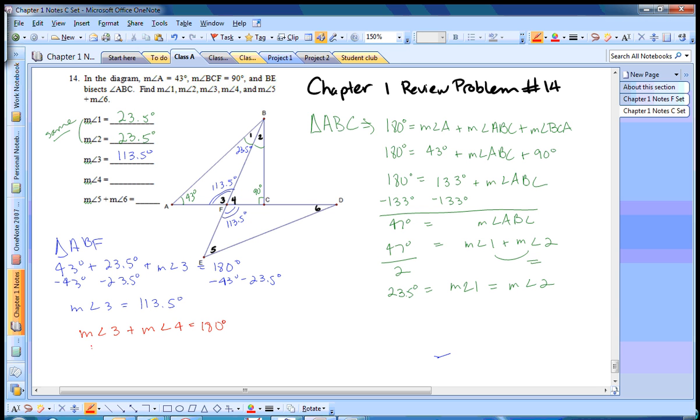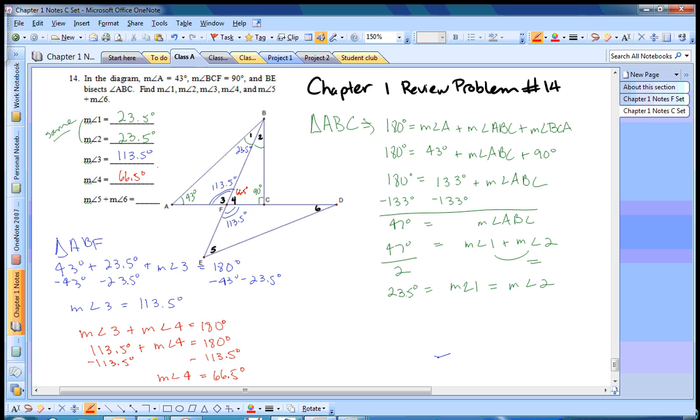We know that angle 3 is 113.5. 4 is what we're looking for. We're going to subtract the 113.5 from both sides. And we get that the measure of angle 4 is equal to 66.5 degrees. See if I can squeeze that in there. Just barely. 66.5 degrees I can add.